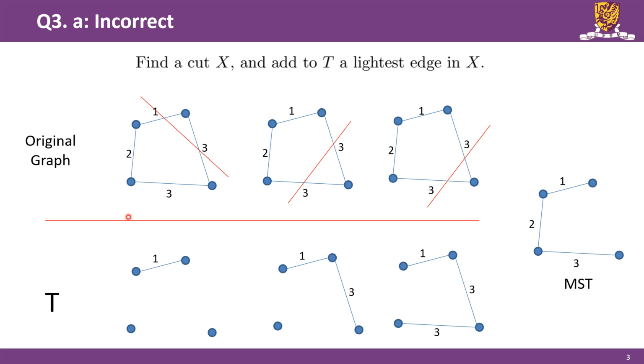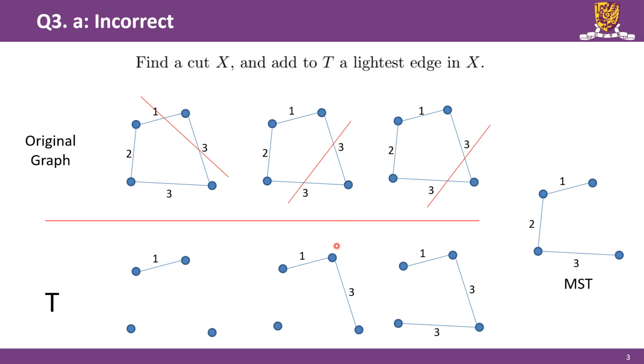For this kind of graph, once we make a cut here, it will add the lightest edge with it, which is this edge, and then we cut like this. In this case, these two edges form a tie, so we will pick the lightest edge randomly.